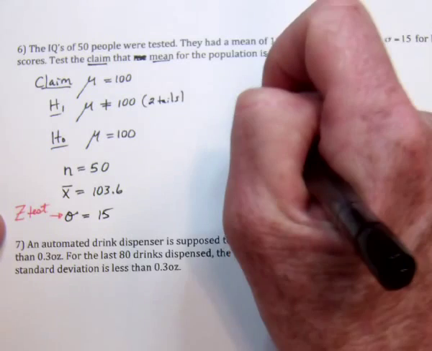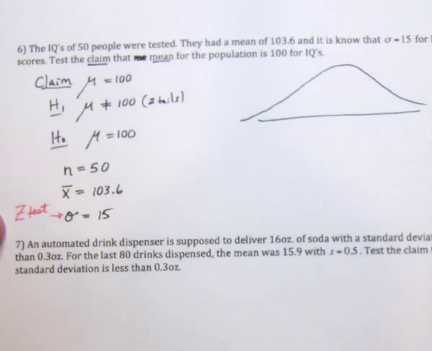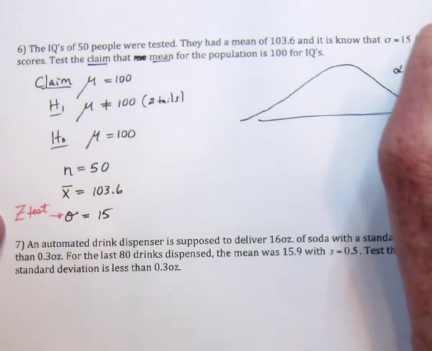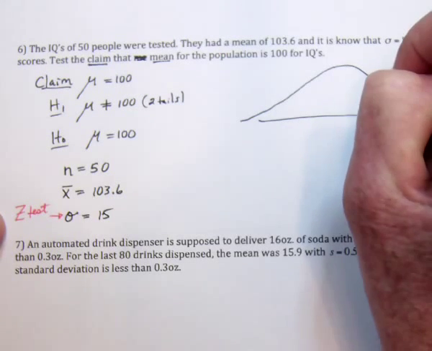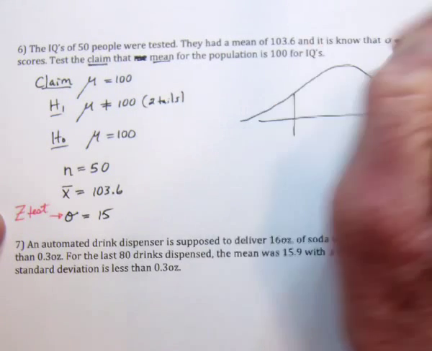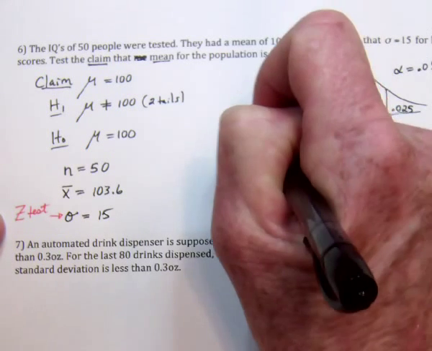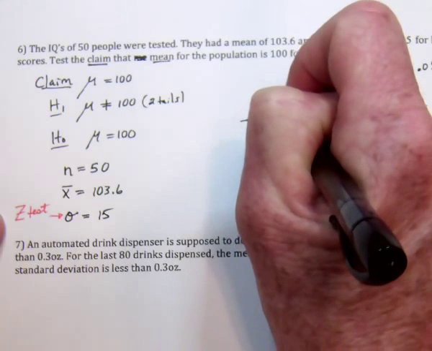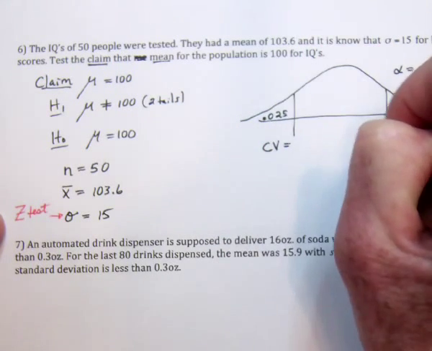So the z-distribution looks like this. It has two tails, and alpha is equal to 0.05. So that means you have to take the 0.05 and cut it into two pieces, so 0.025 on this side and 0.025 on this side. Then the critical value here, the critical value here.